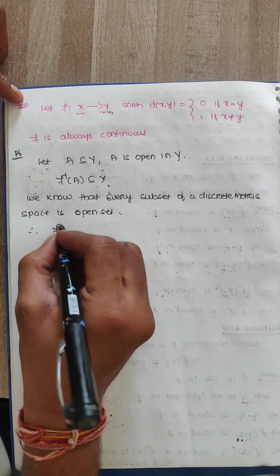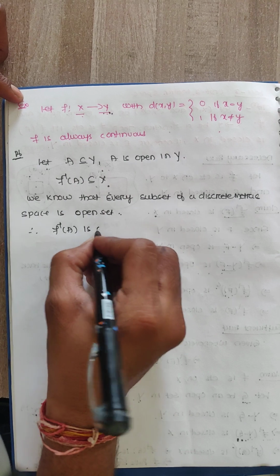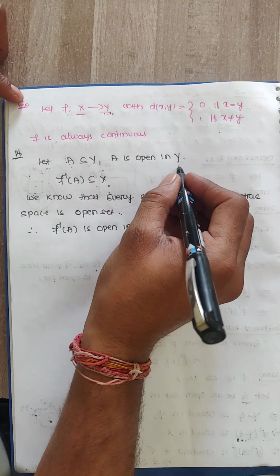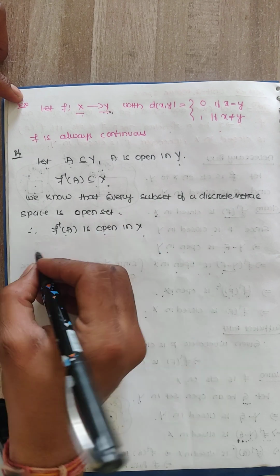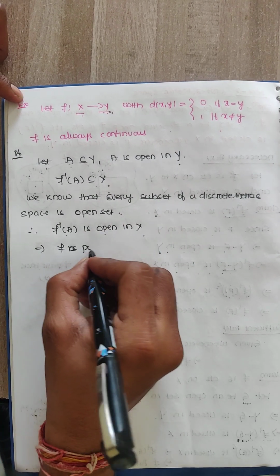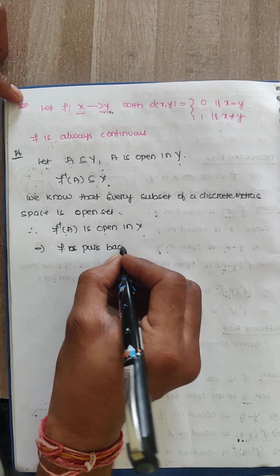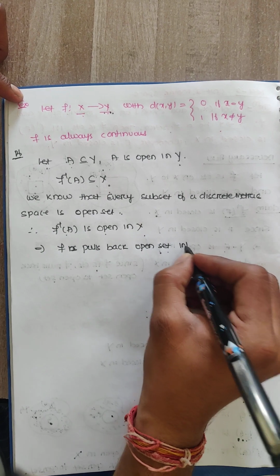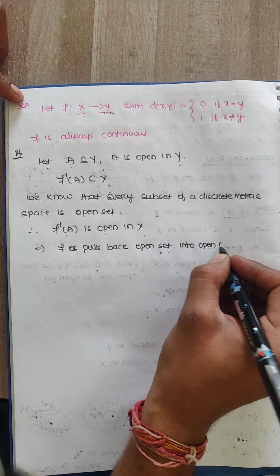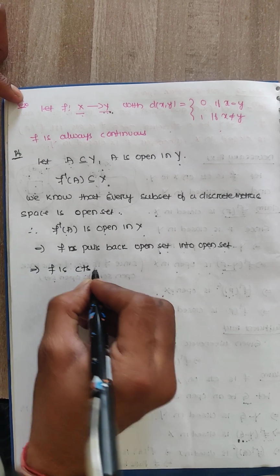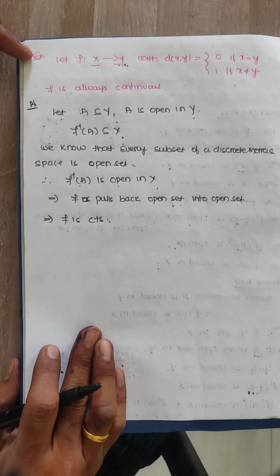Hence f inverse A is open in X. So A is open in Y implies f inverse A is open in X, which implies f pulls back open set to open set, which implies f is continuous. Okay, this is a simple example.